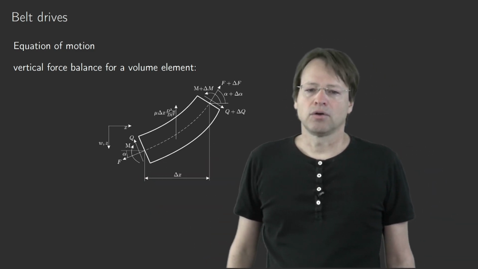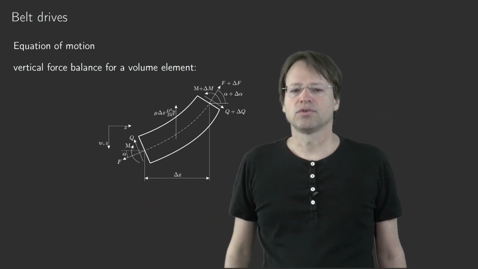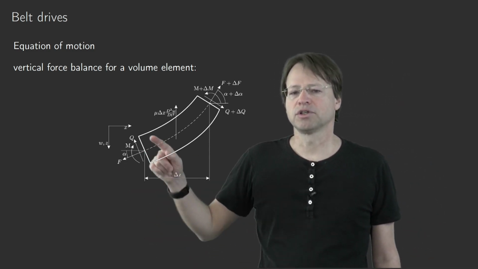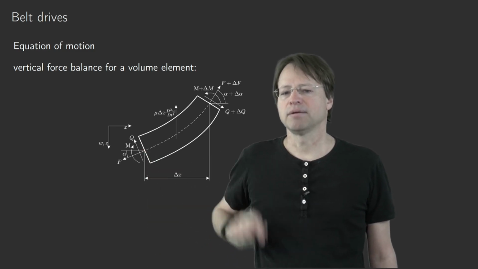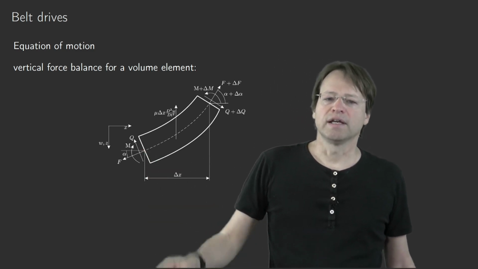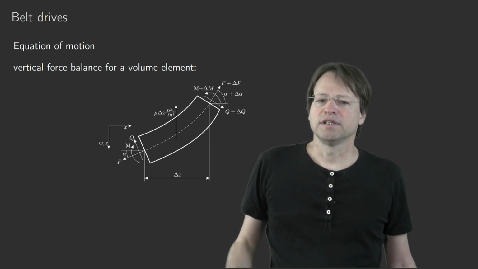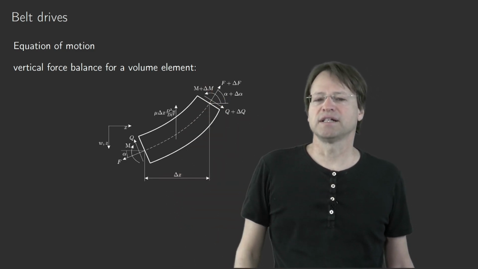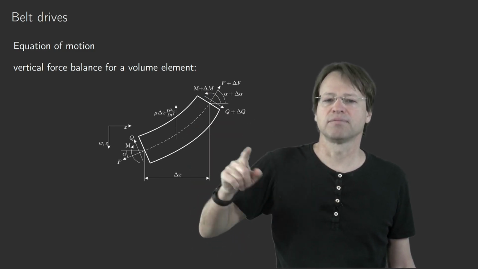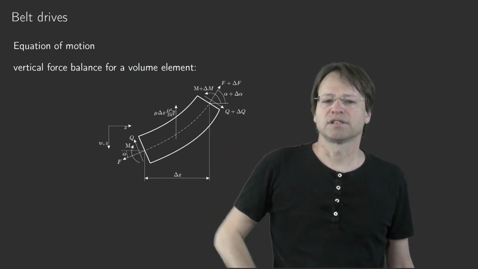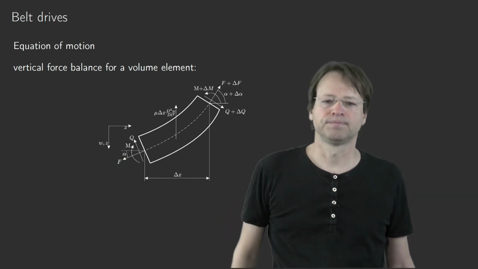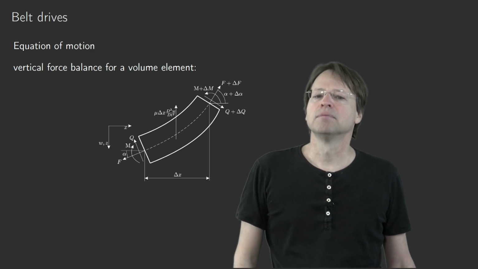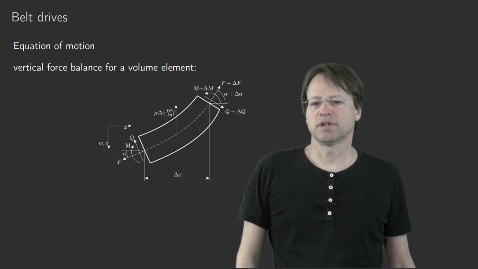On the left-hand side, the reaction forces and the reaction torque are marked as F in normal direction, Q in transverse direction, and M is the bending moment. On the other side, all these quantities are changed a little bit by some influence delta M. So we have M plus delta M, Q plus delta Q, F plus delta F, and also the angle: the curvature is changed to alpha plus delta alpha for that element.